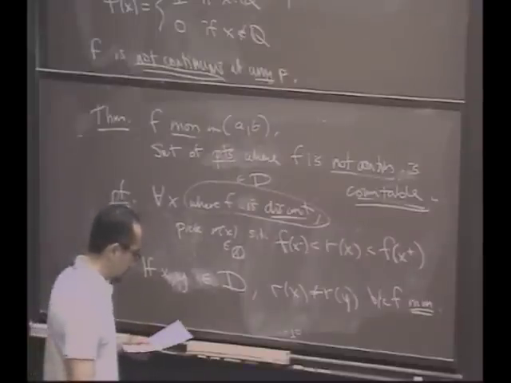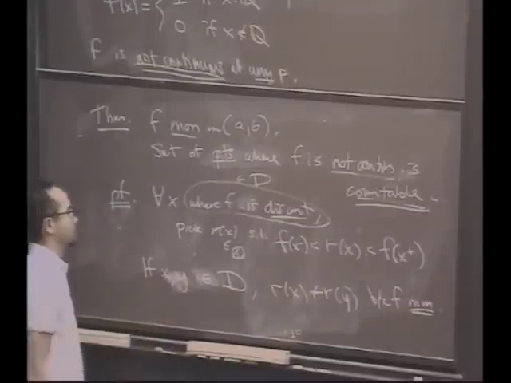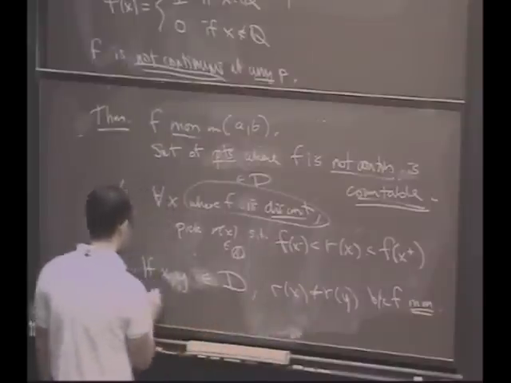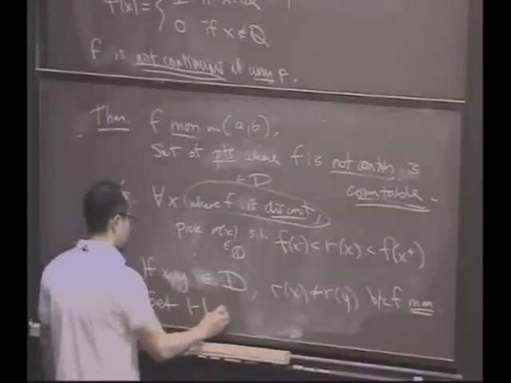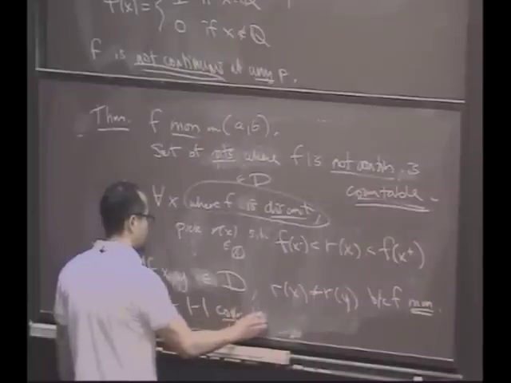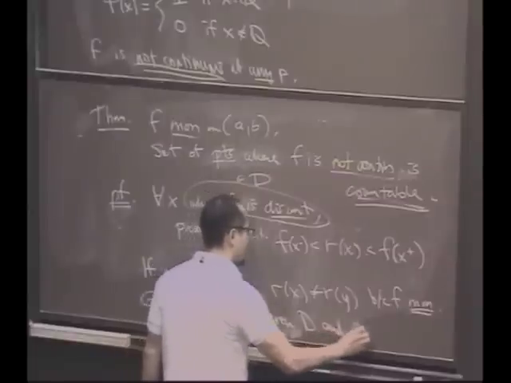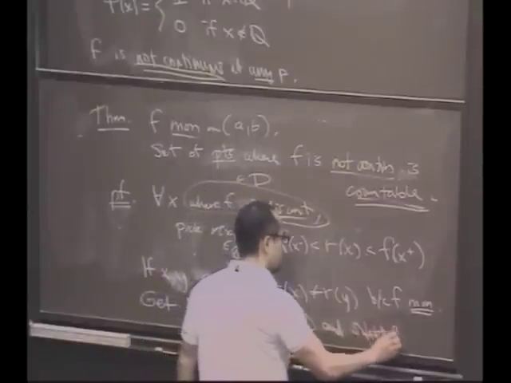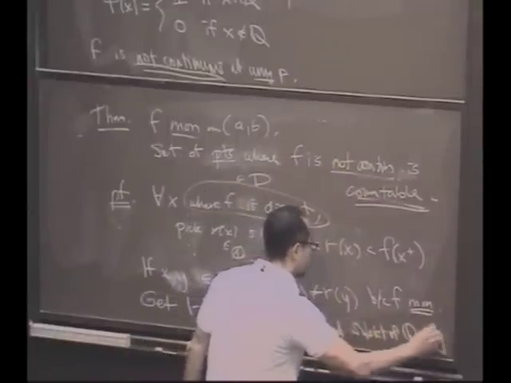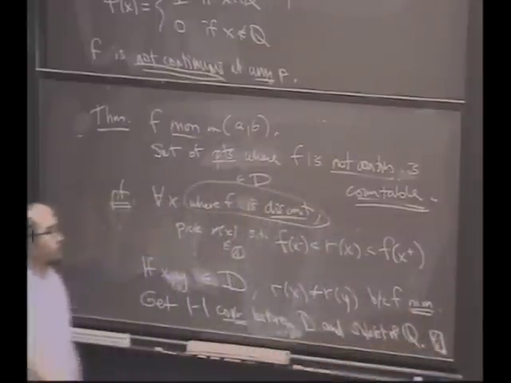So what you'd have is a one-to-one correspondence between the set of discontinuities and a subset of the rationals. Nice. Okay.